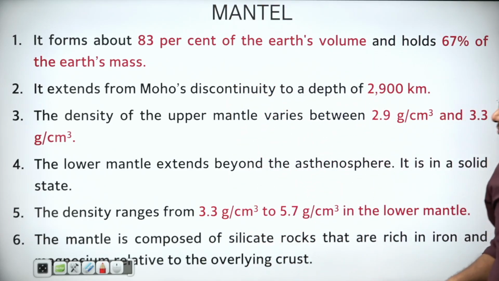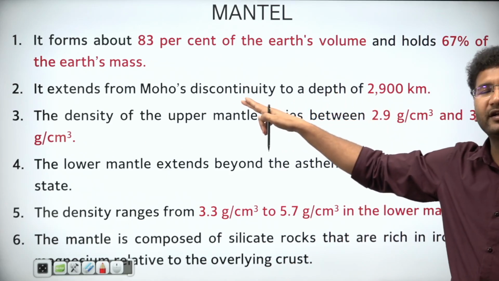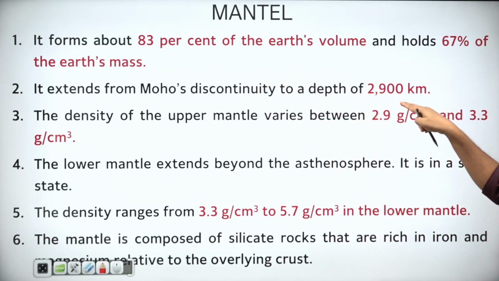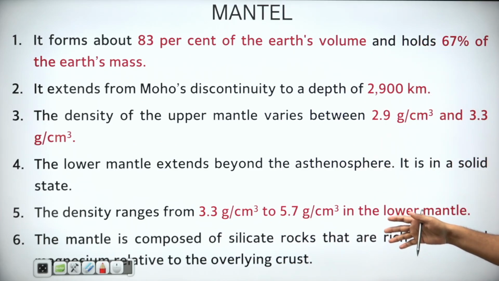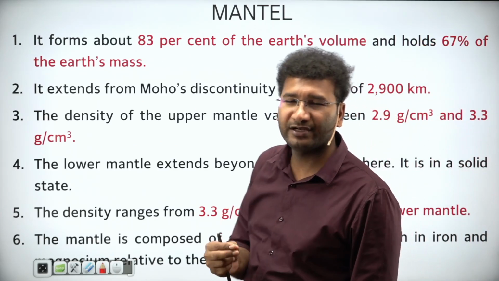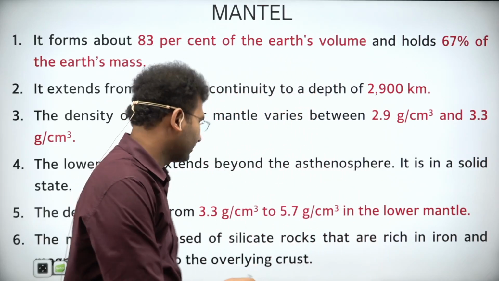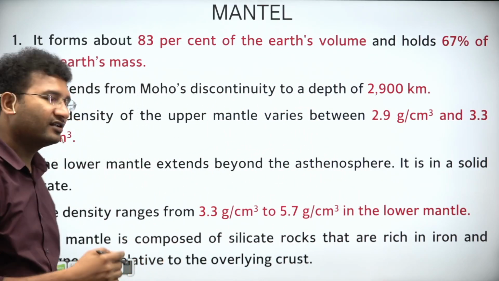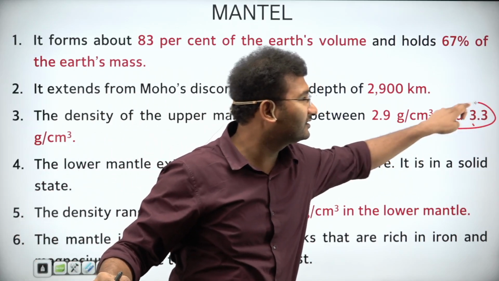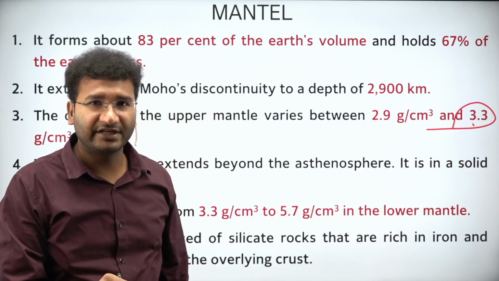Okay. This Mohorovičić discontinuity I'll tell you about a little later, right? And depth and all in a diagram I'll tell you. What about the density? The density is 2.9 grams per cubic centimeter to 3.3 grams per cubic centimeter. Now what was the lithosphere density? Lithosphere density was 2.2. But here you see the density is a little more, 3.3.